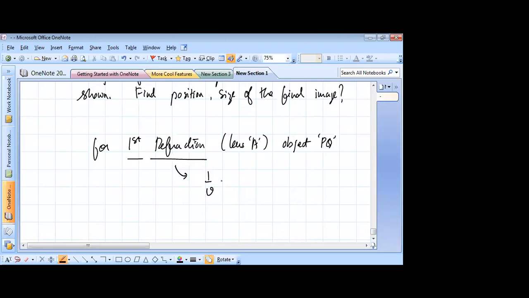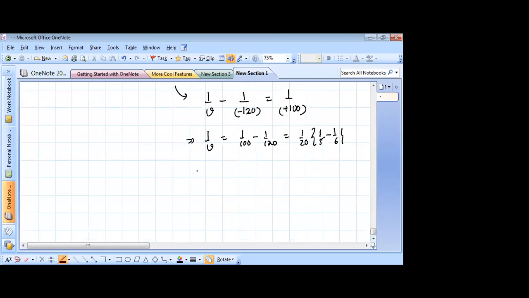So 1 by V minus 1 by U is equal to 1 upon F. So V is equal to this.